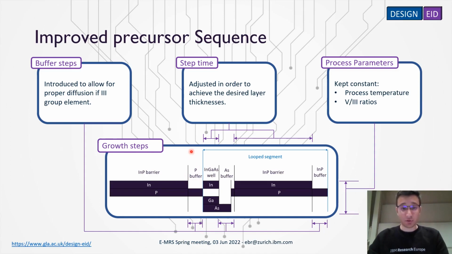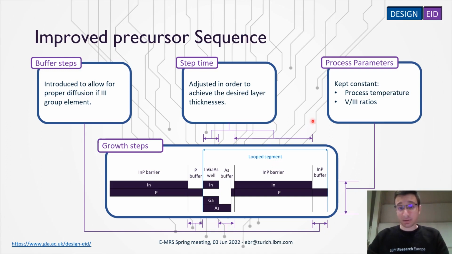At the same time, we also adjusted the step time, made the indium gallium arsenide well deposition step time shorter and the indium phosphide barrier step time longer in order to achieve the desired layer thicknesses and the desired stacking.